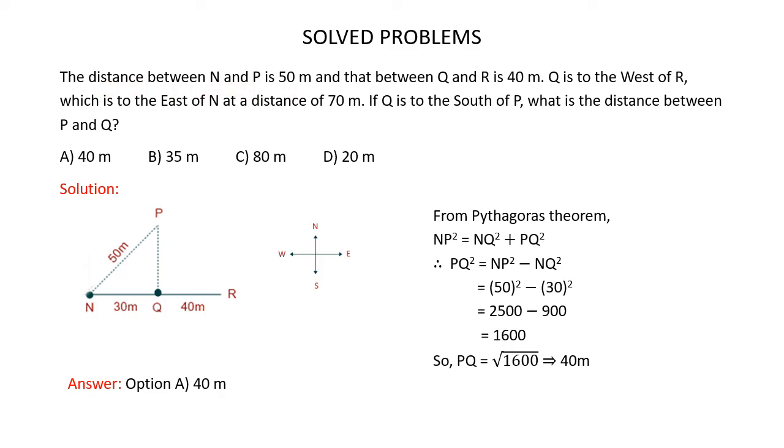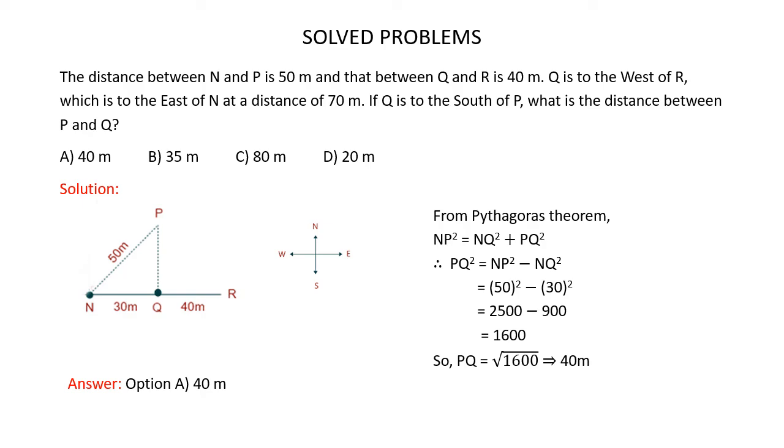So this distance NP is 50 meters and we are asked to find the distance between points P and Q. So first let's join the points N, P and Q such that a right angle triangle NQP is formed where NP is the hypotenuse. Now from Pythagoras theorem, we know that NP squared is equal to NQ squared plus PQ squared.